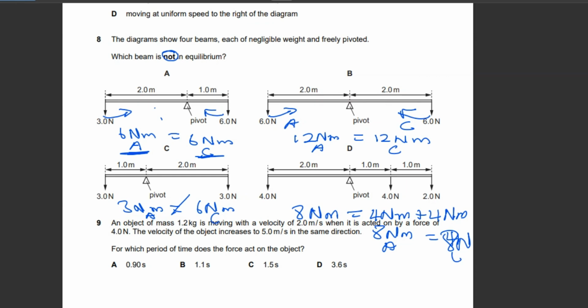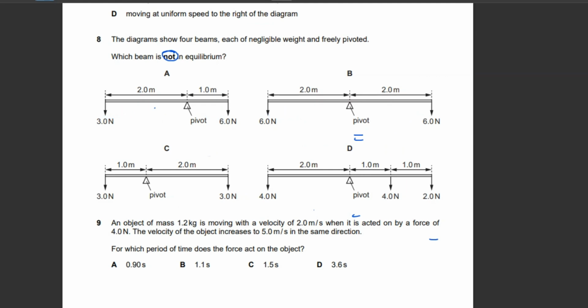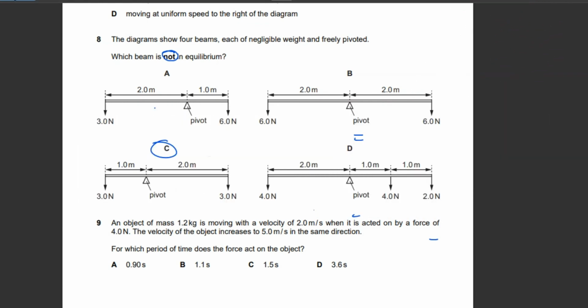So the only one that is not equal is this, and actually that's the one that is not in equilibrium. Is that okay? So I may have to rub off all this so that you can clearly see the answer. So what's our answer there? Our answer is C. So our answer is C. So let's move on.